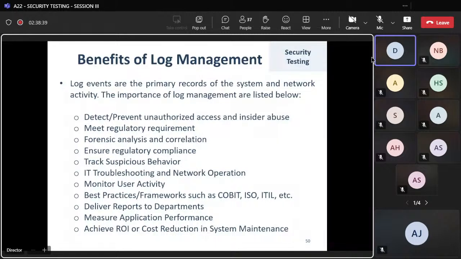It also helps the IT support team, the troubleshooting and the network operations team. Based on the logs, they may come to know about various types of errors. Then monitor the user activity.